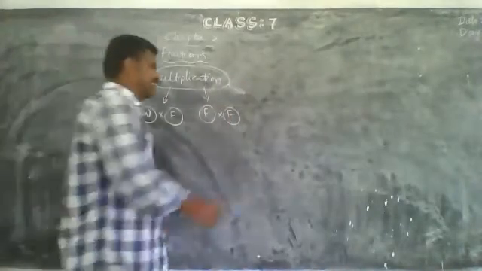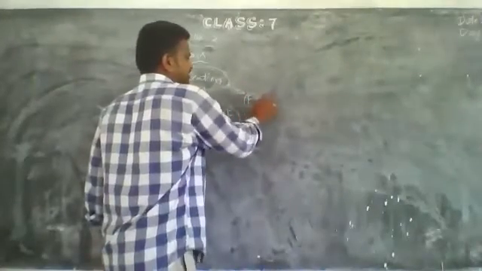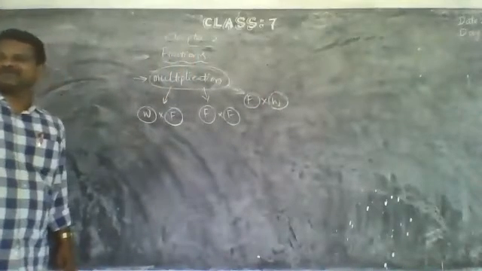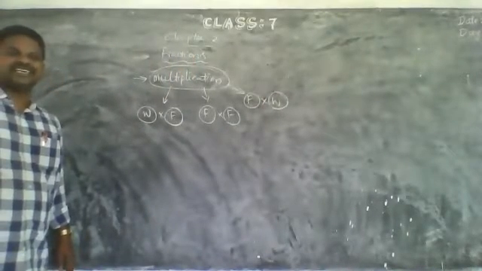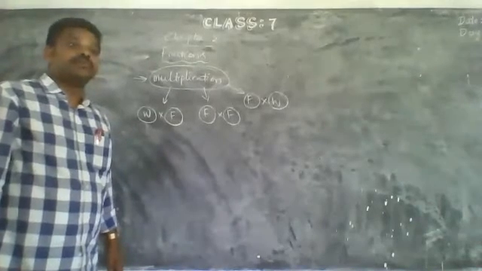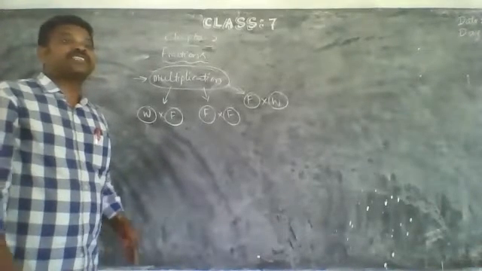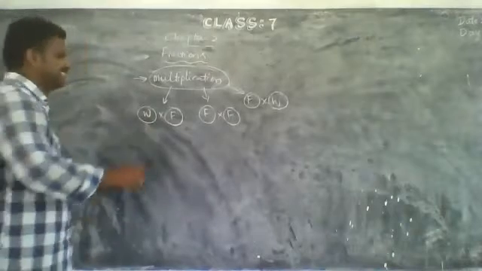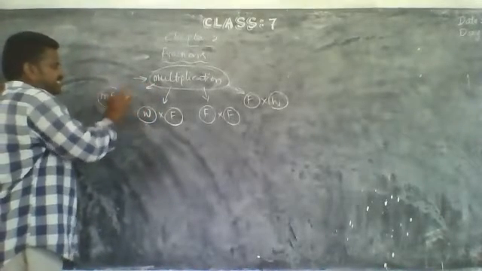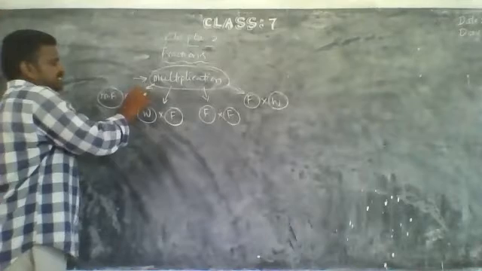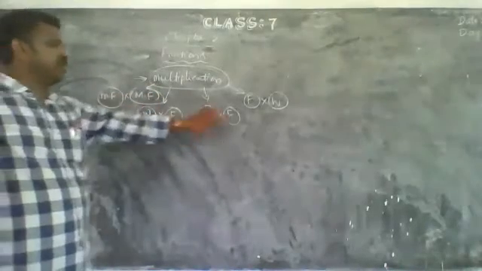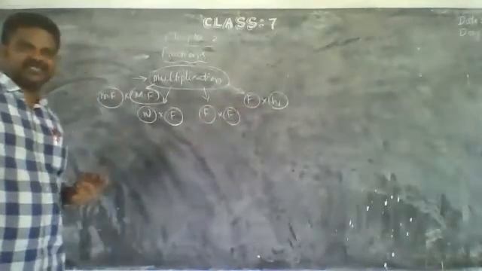Yes, very good. Fraction with the whole number. We also learned one more. What is that? Mixed fractions with the mixed fraction. Mixed fraction into mixed fraction. All together, these are the topics we have learned in the last session, right?